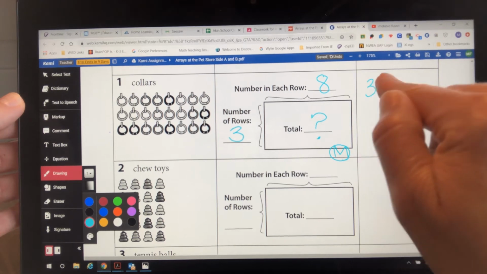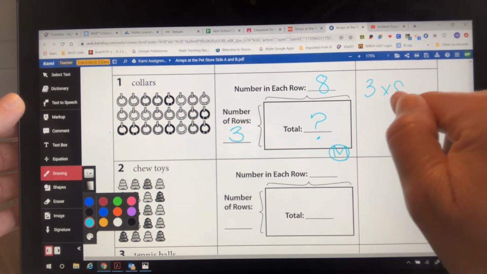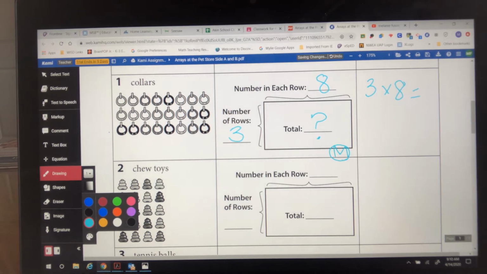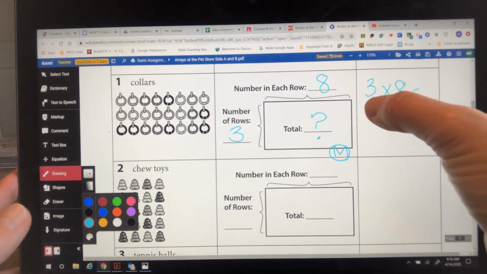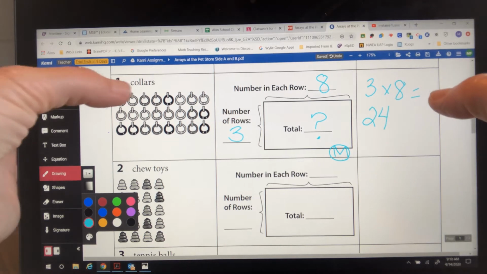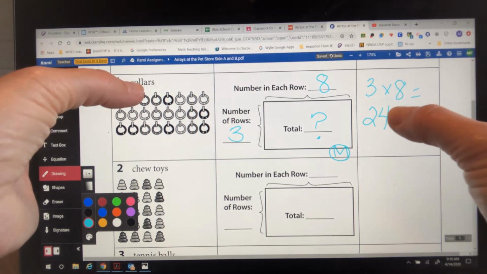So I've got 3 groups of 8, and I'm going to count by 8s. 8, 16, 24. And so we've got 24. And 24, what are these? These are collars.